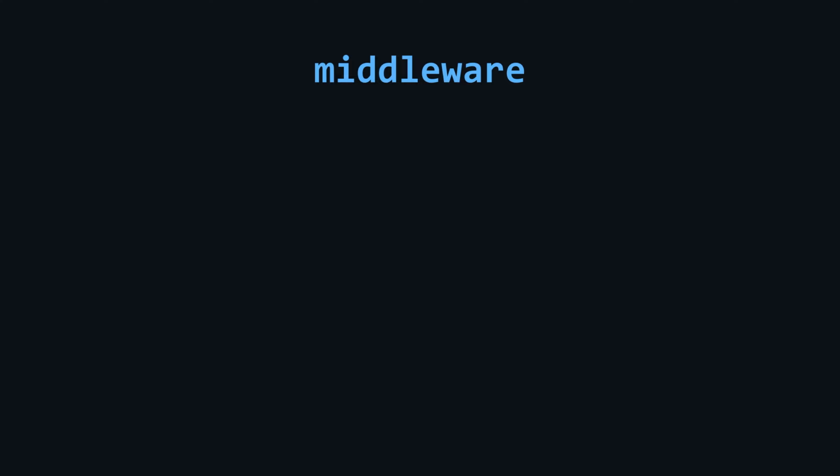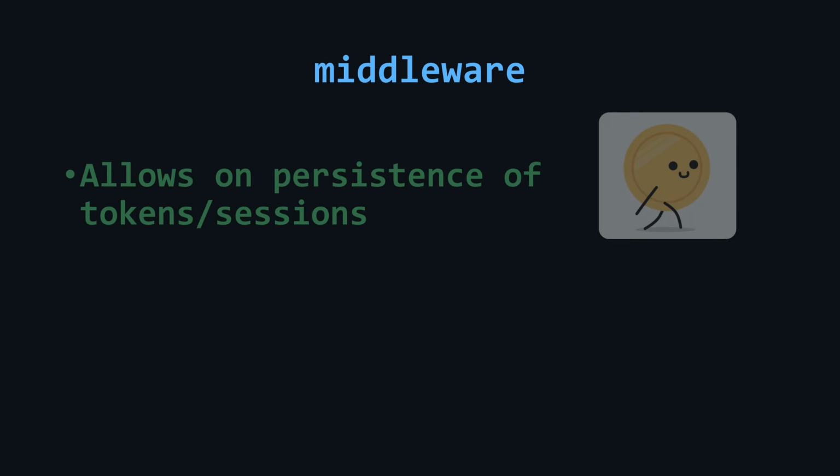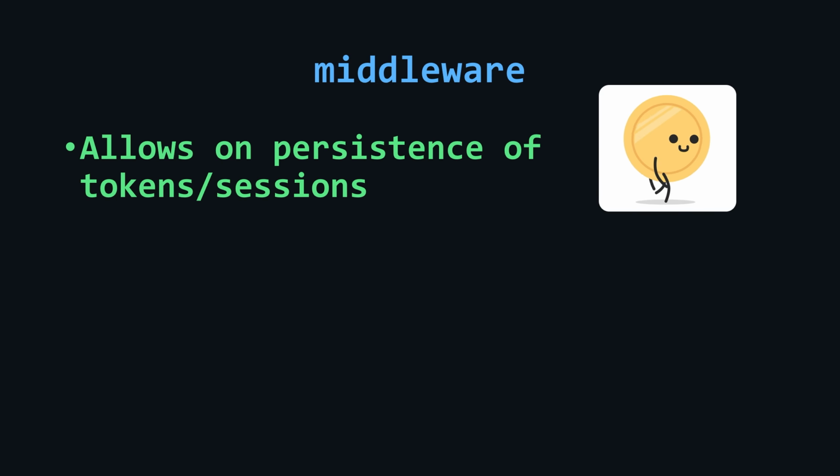In our use case, we're using it to allow persistence of tokens and sessions. So we are going to be using tokens and sessions on the browser side to say, hey, you're allowed to be here, rather than just regular login, as well as not using a database kind of login where the session is stored in the database.